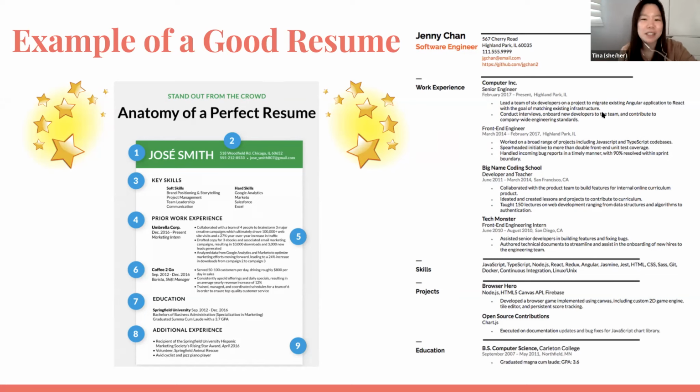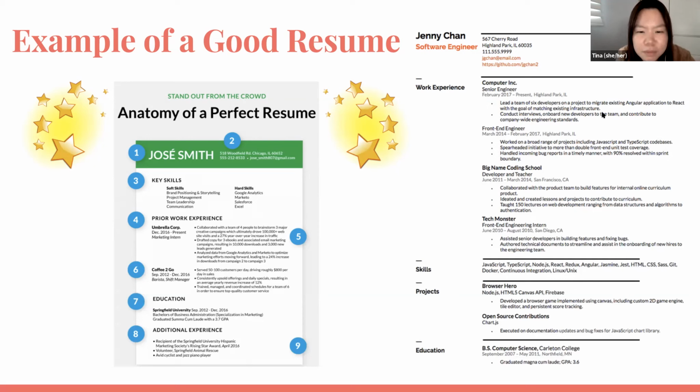But that's not necessary if you already have work experience. You always want to put what really highlights your skills. So if you have something else to put, you can always highlight the current things that you have now.